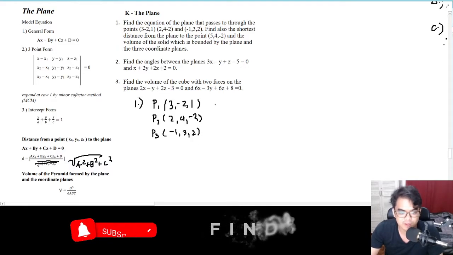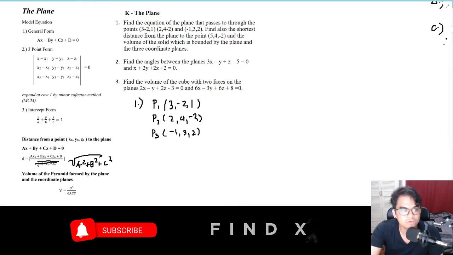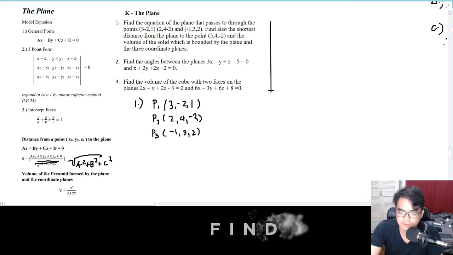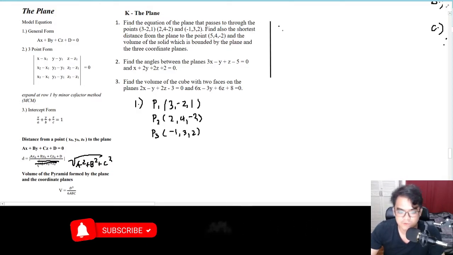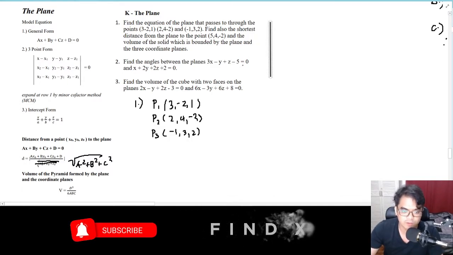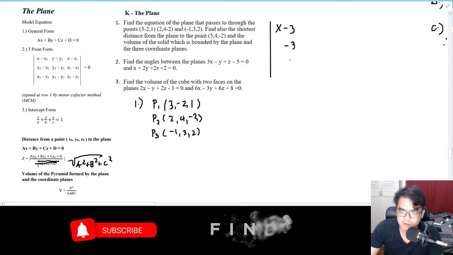The first one is we can use the 3-point form. Following the formula of the 3-point form, we will have x minus x1, where x1 is 3, so minus 3, minus 3.